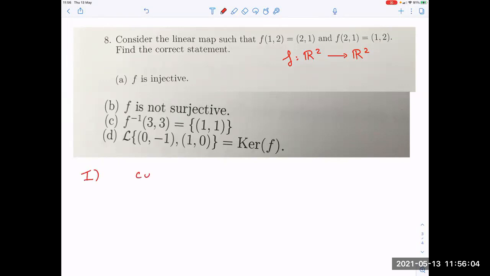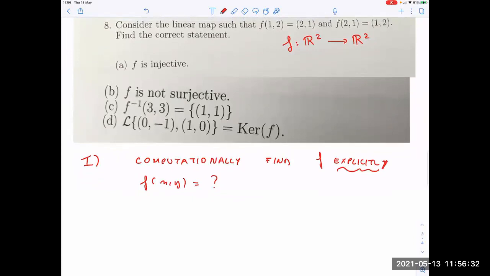So computationally, I would say find F explicitly. Which means for me, write down F of xy equal to something, okay? And how do you do this?